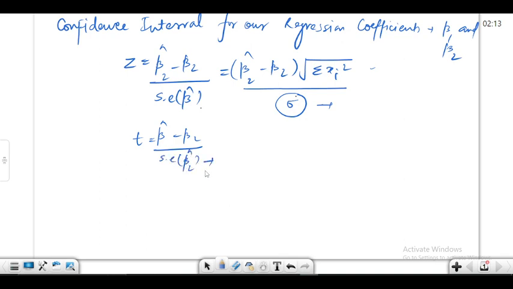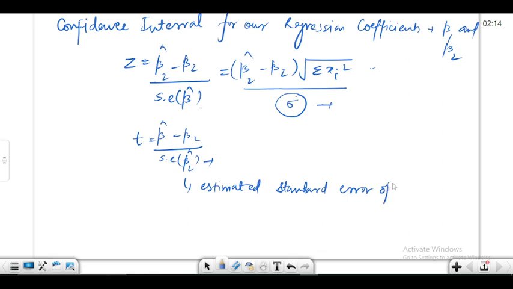This is basically your estimated standard error, or the standard error of the estimator.